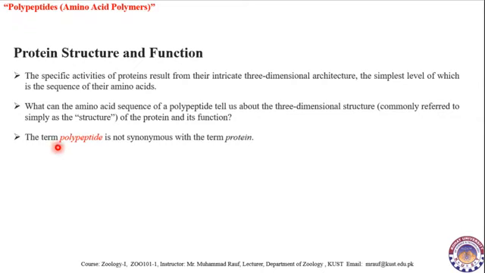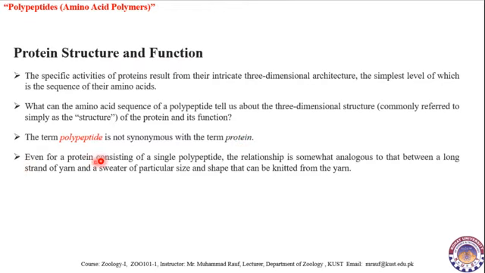We have already discussed that polypeptide is usually referred to a linear sequence of amino acids or a single chain, whereas a protein can be made up of more than one polypeptide, like in hemoglobin, which is made up of four different polypeptides.